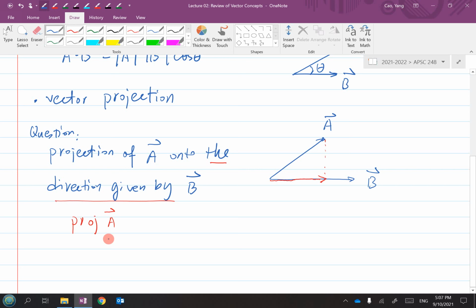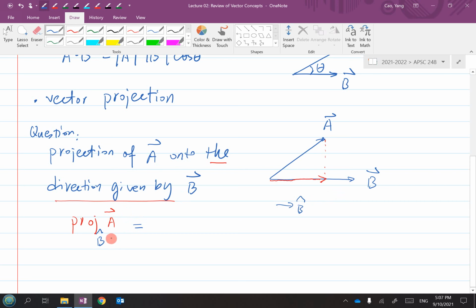The direction information is given by the unit vector of the vector itself. So if I'm saying onto the direction given by B, essentially I can use B hat. B hat is a unit vector, and you can draw it anywhere, just to indicate the direction of B. So this symbol represents the projection of A onto the direction B hat.